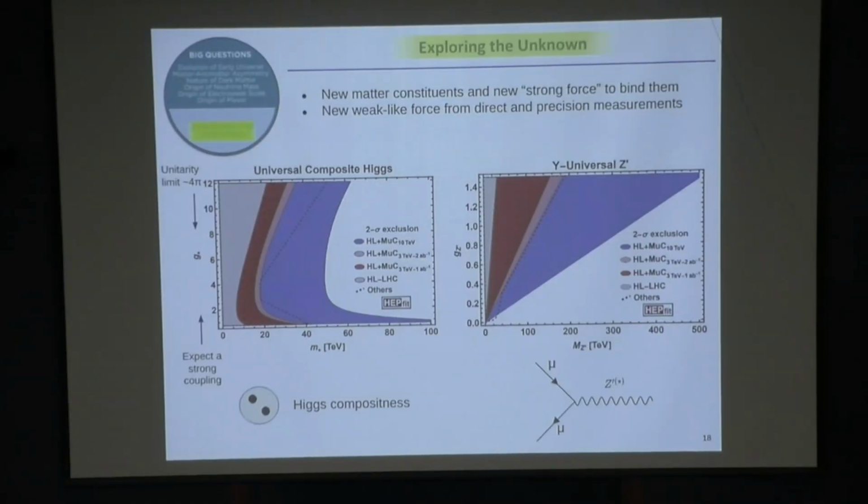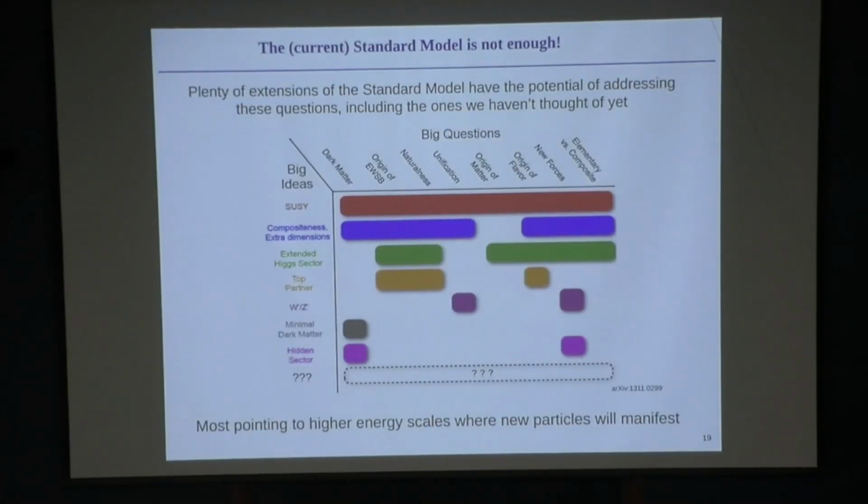So this gives you a little bit of an overview of the type of program we are after. In fact, there are plenty of extensions of the current theories that try to address some or all of these questions. They usually do it by predicting new particles, often at high energy scales, but they may show up in very different ways. Most point to a higher energy scale, but the specific predictions can be wildly different.